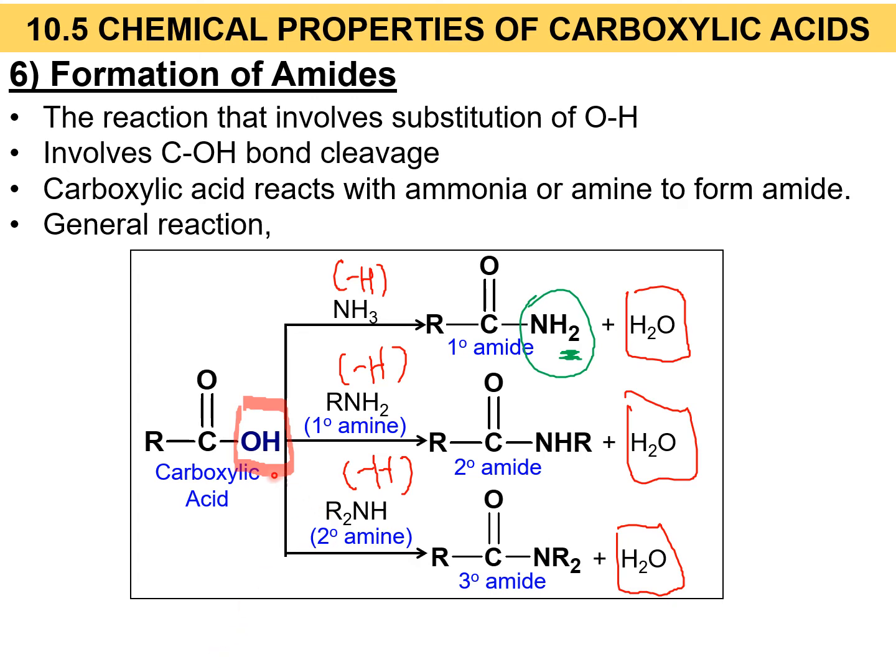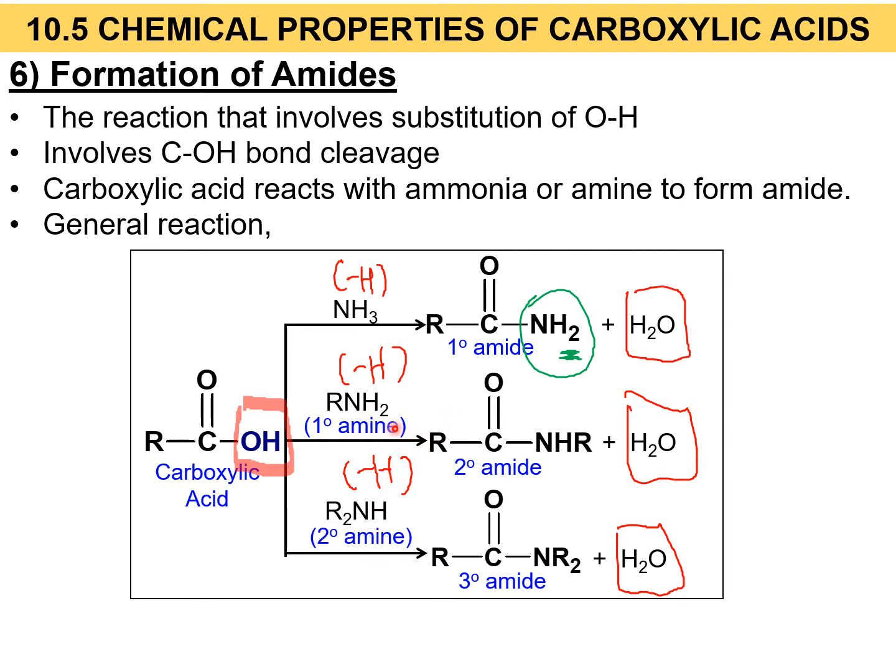And kalau let's say carboxylic acid dia react dengan primary amine, okay, nanti kita akan belajar lah amine later, di mana you boleh tahu this is a primary amine because of adalah dia punya condition untuk menentukan dia primary amine. Tapi ni kalau you nampak lah dia react dengan NH3 ke RNH2 ataupun ada je perkataan N dengan H, okay, bermaksud that is ammonia dan dia punya classes of amines lah.